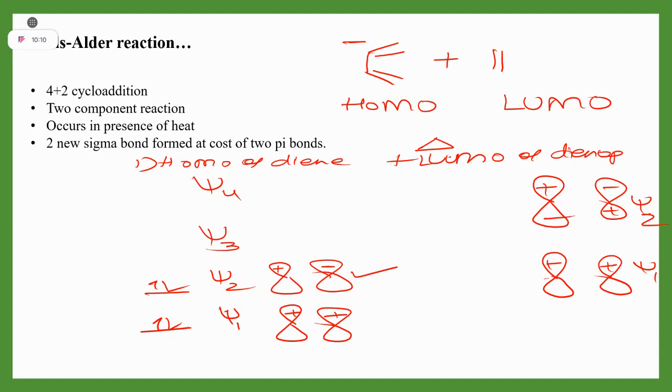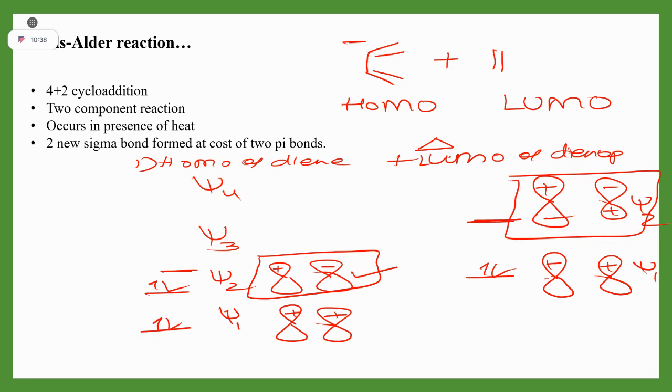In the ground state, psi 2 is the HOMO of the diene. This is your psi 2. And this is your ethylene, so the LUMO is this. HOMO is the highest occupied molecular orbital and LUMO is the lowest unoccupied molecular orbital, right? So this is your HOMO, this is your LUMO.